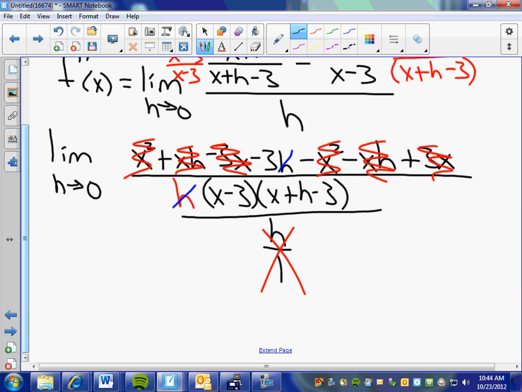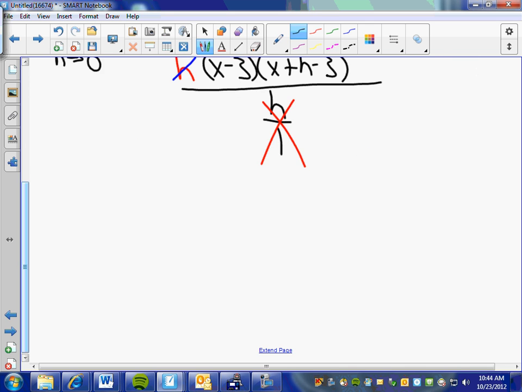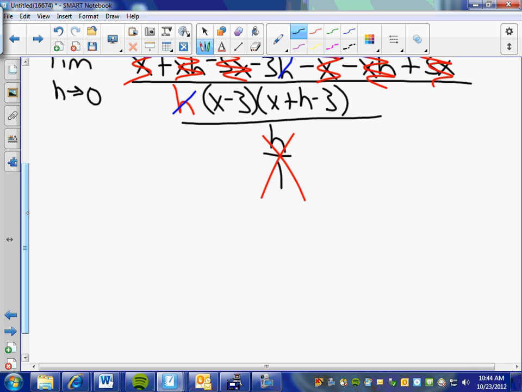I multiply by 1 over h. Is that, you good? Derek? Multiplied by the reciprocal. Okay, let's finish it off. We have the limit as h approaches 0 of, what do we have in the numerator?